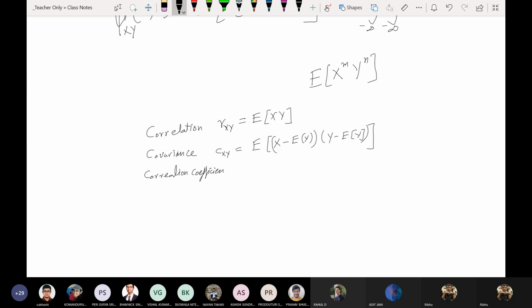And correlation coefficient is Cxy divided by the square root of Cxx Cyy. This is generally represented by rho xy. So these are three different quantities.